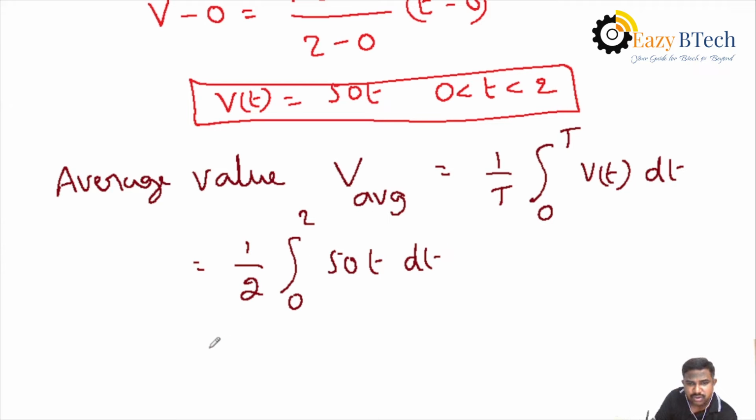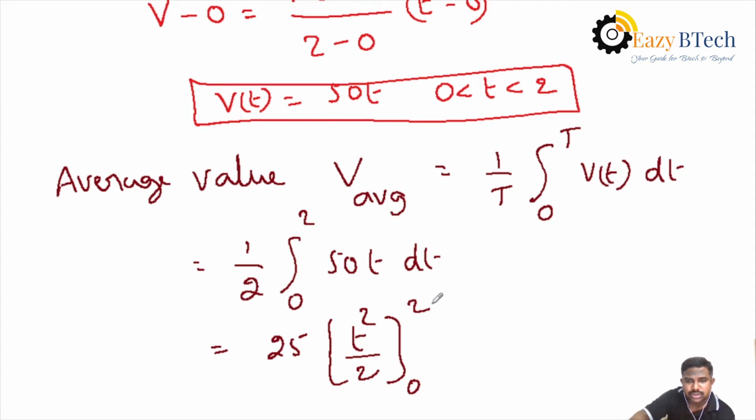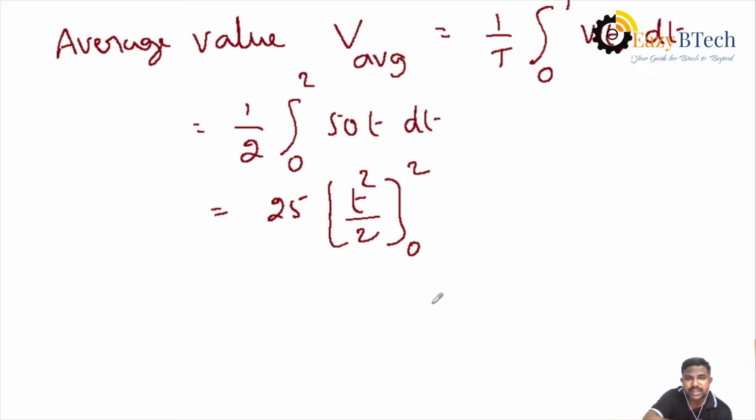Here 50 is a constant, so 50 by 2 is 25, and the integration of t is t square by 2, since the integral of t power n is t power n plus 1 by n plus 1.